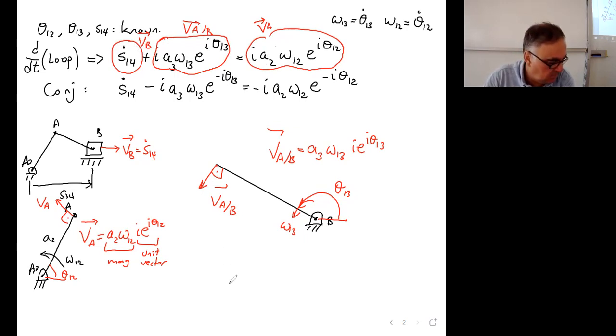In a way, you can say the following in terms of the vectors. VA, this is the direction of, let me draw it in red.